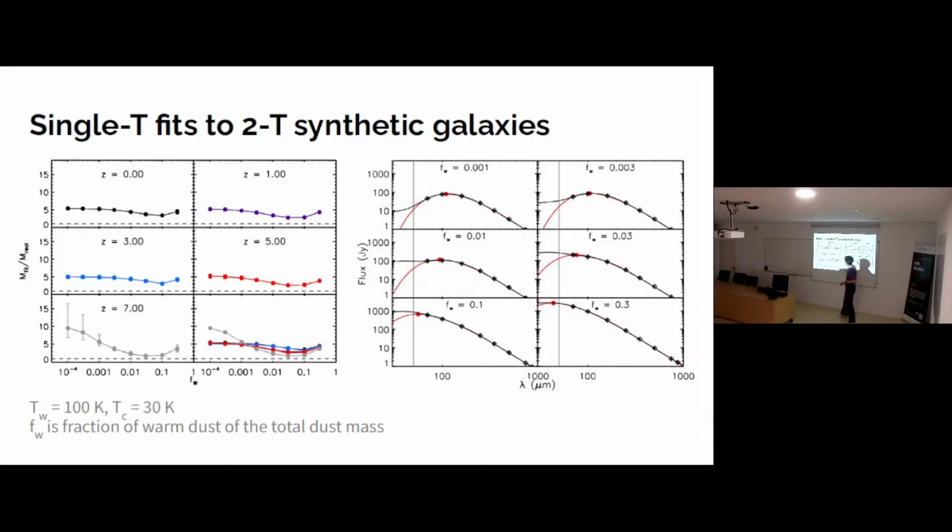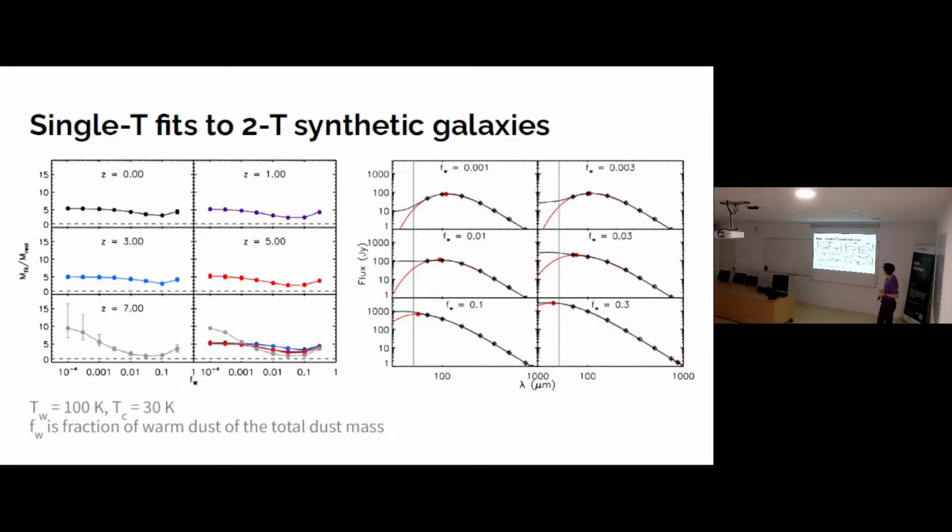So that's shown here. On this axis is the fraction of the warm component in the overall dust mixture, and for different warm fractions you get these different SEDs. So you start with the lowest warm fraction. Here is the highest warm fraction of 0.3.